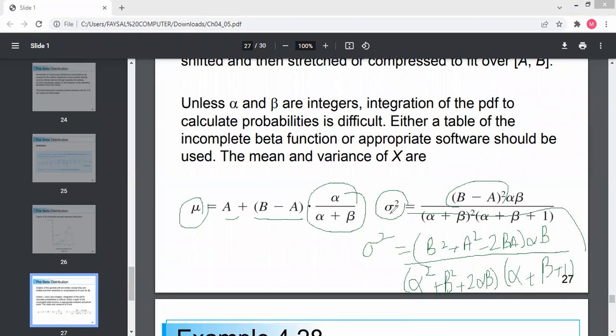So this is the complete elaboration to find sigma squared. Mu is the simplest one, that it is A plus (B minus A) times alpha over alpha plus beta, but sigma squared involves square identities.